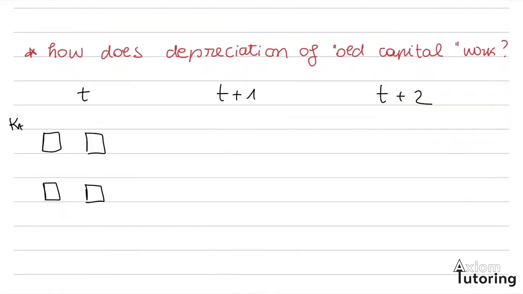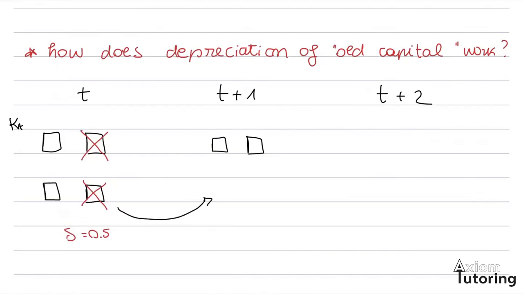And we know that we have a depreciation rate of 0.5, which means that half of the machines every period break down. So in the first period, we're going to have 2 machines that unfortunately, due to overuse, are going to break down. Hence, in the next period, we are only going to remain with 2 machines.